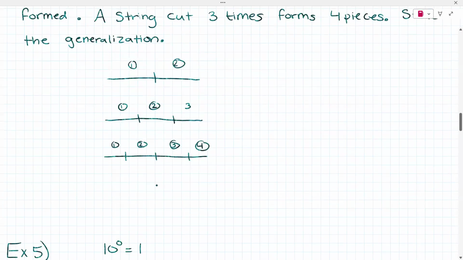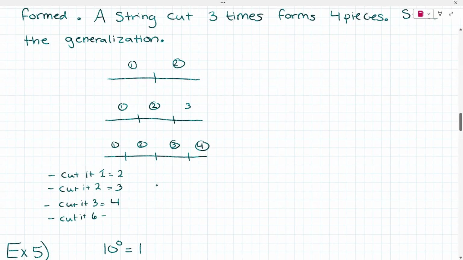So the conjecture could be: cut it once, you get 2 pieces. Cut it twice, you get 3 pieces. Cut it 3 times, you get 4.